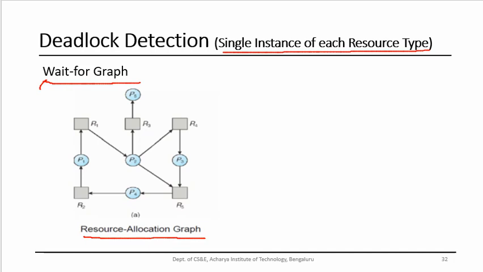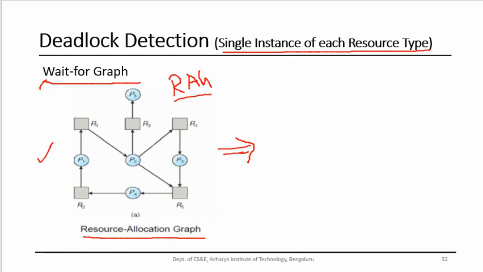I hope you remember that. A RAG, a directed graph or resource allocation graph, looks like this.